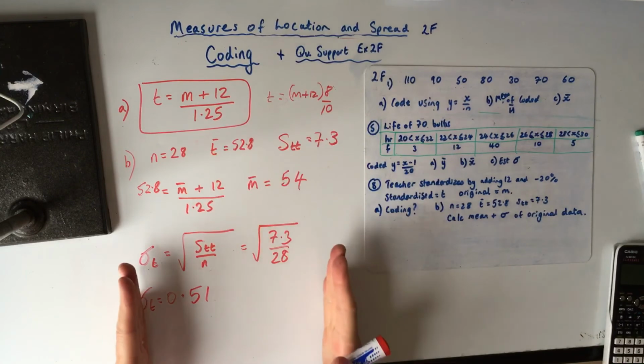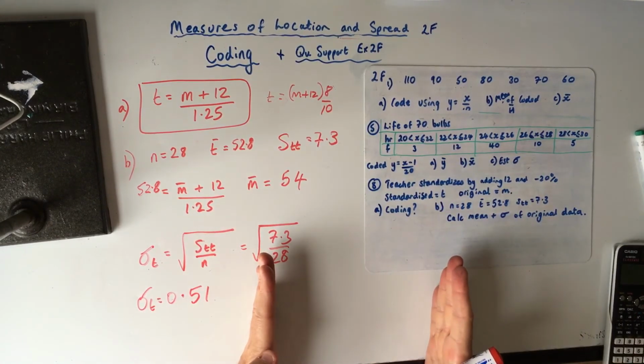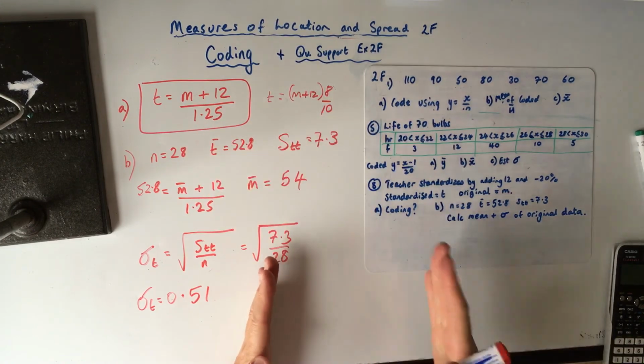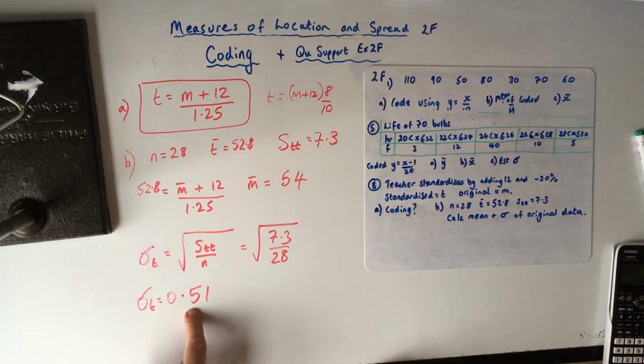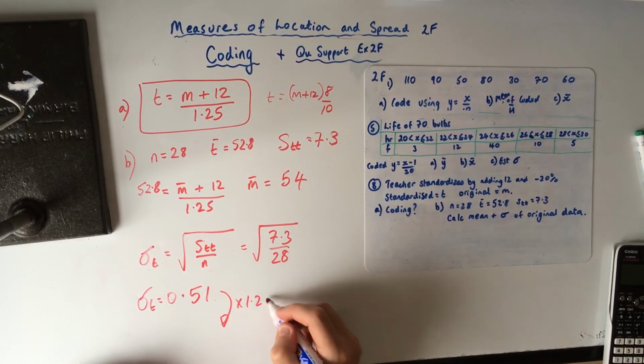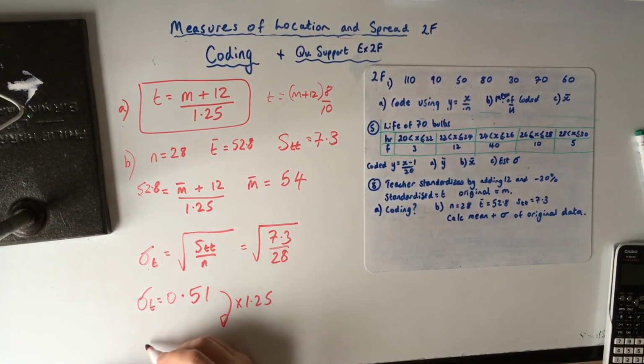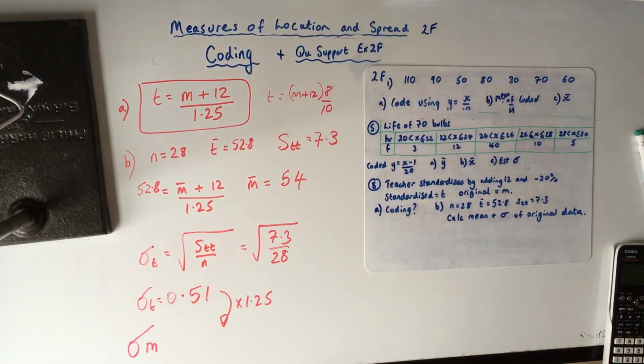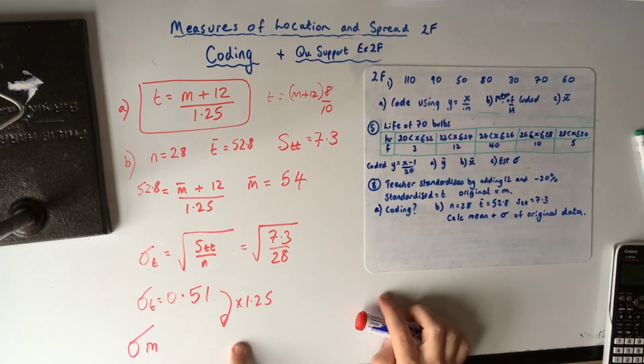Adding 12 does not affect the standard deviation, like it doesn't affect the mean, but dividing by 1.25 does, so we've got to times that by 1.25. When we times that by 1.25, it takes us back to the standard deviation of the original marks.